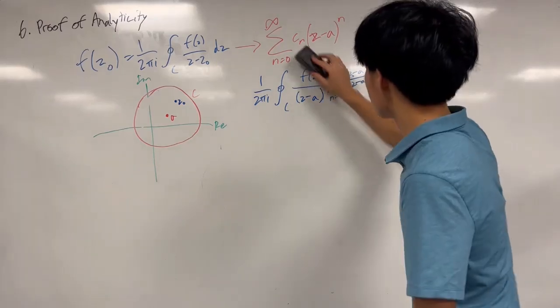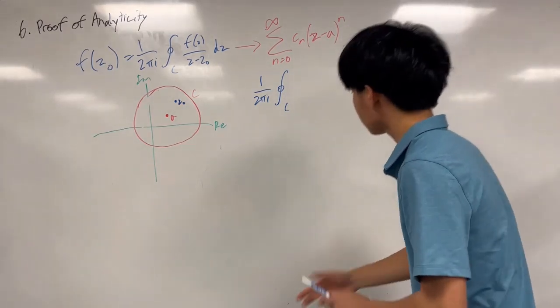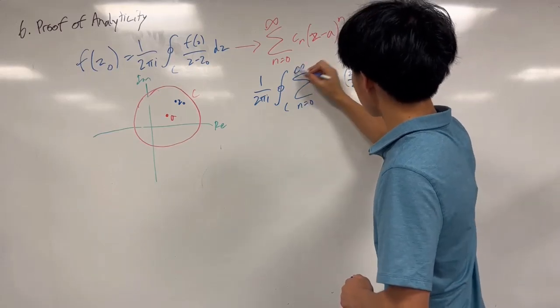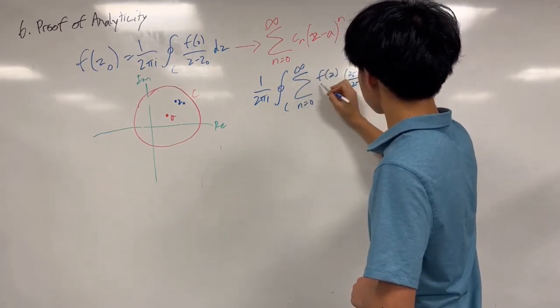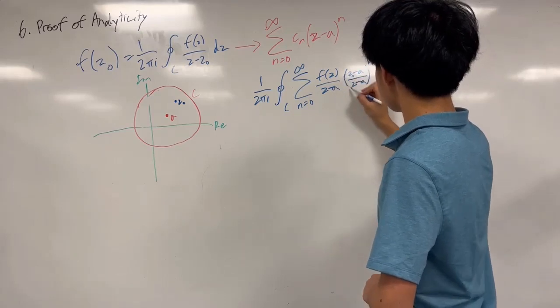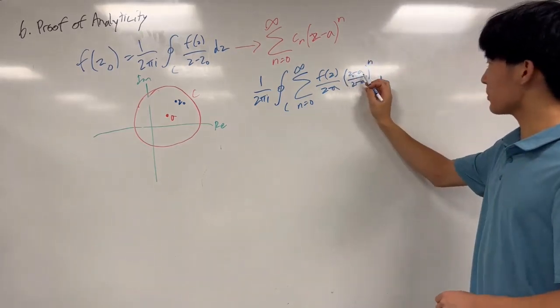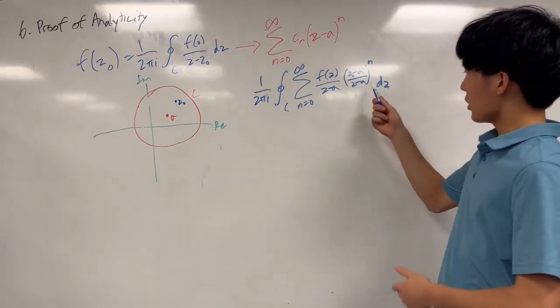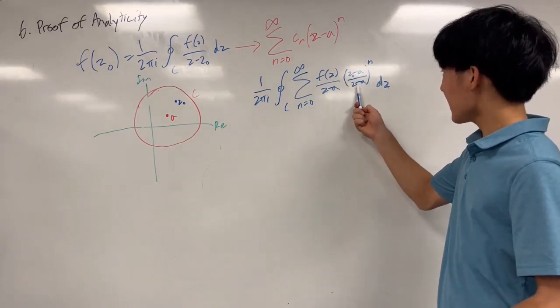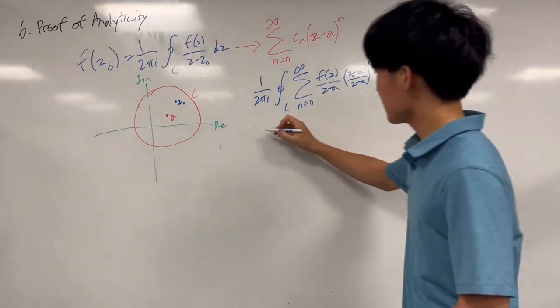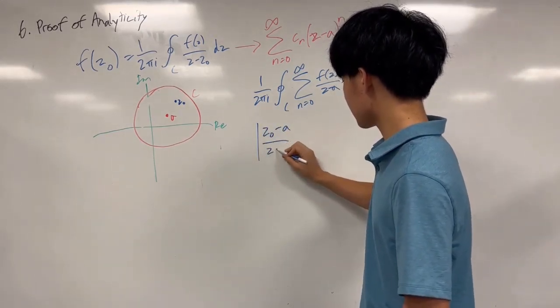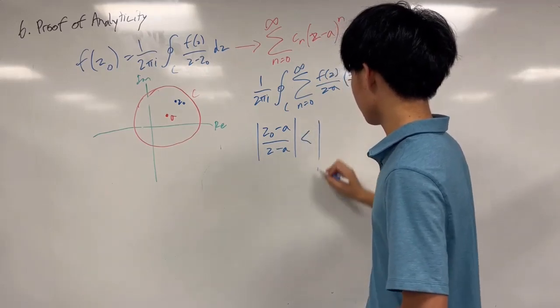So this becomes the integral over C of the infinite sum from 0 to infinity of f of z over z minus a times ((z sub 0 minus a) over (z minus a))^n. So we know for a fact that this has to be convergent because the absolute value of (z sub 0 minus a) over (z minus a) has to be less than 1.